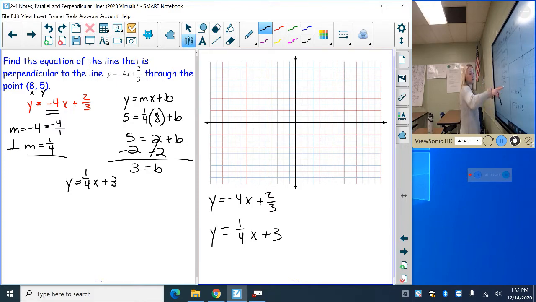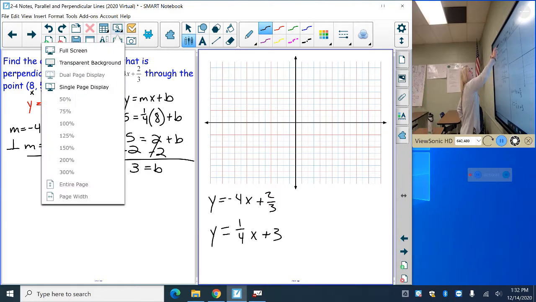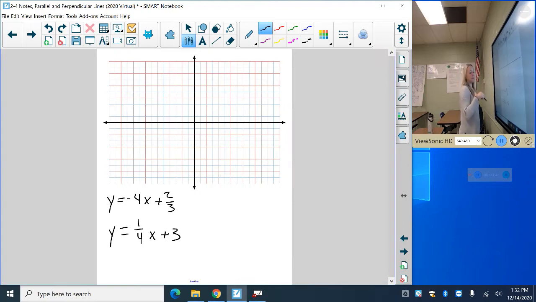Now, it's difficult sometimes to graph things with fractions, especially without a calculator, but let's go ahead and give it a shot. So I have to start at 0, 2/3, which is going to be a little bit less than 1. It's going to be about right here. And my slope is negative 4, which means I'm going to go down 4/1. So I'm going to go 1, 2, 3, 4/1.